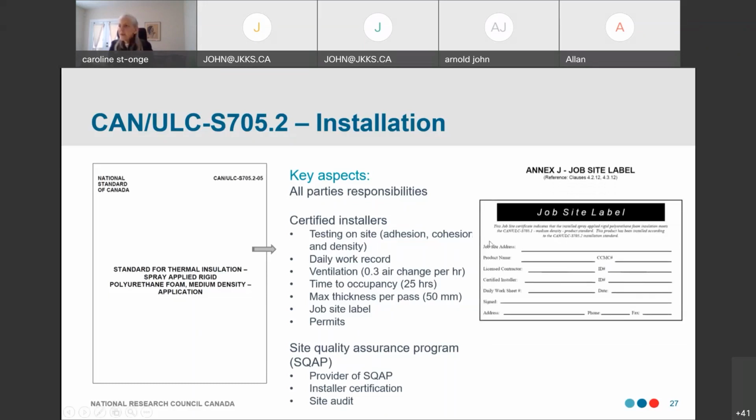And this is a copy of a job site label template from the standard. And it has to be signed and filled out by the certified installer. So it provides information on the product name, licensed contractor, certified installer, and the address of the job site, and so on.